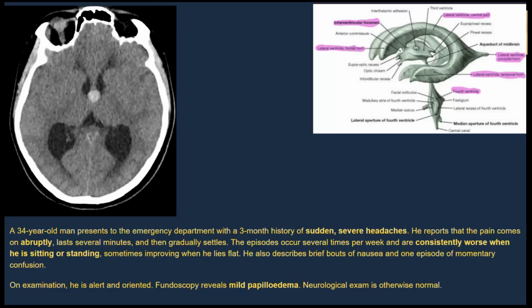If we go through it using the mnemonic of blood, cisterns, brain, ventricles, and bone, does anyone see any blood anywhere on the CT? You can just put in chat if you do.